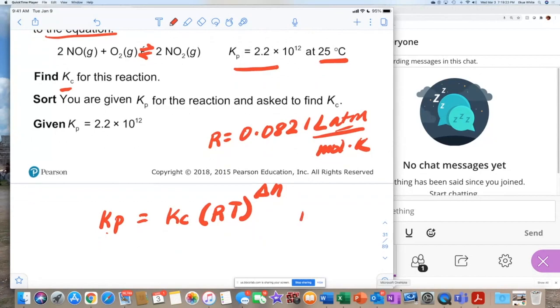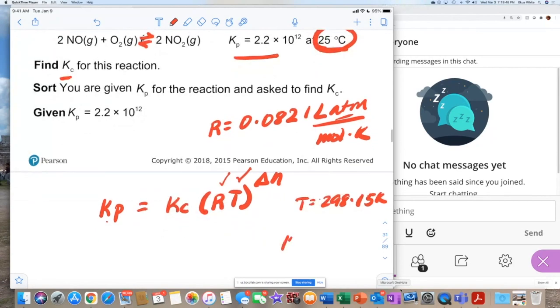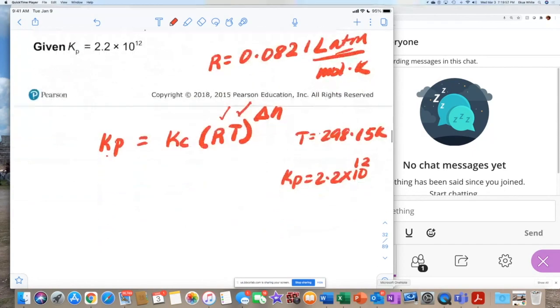Our temperature here is what? 25 degrees Celsius. So 25 plus 273.15. Do I need the 0.15? Sure. 298.15 Kelvin. Okay, so I got my R, I got my T. I'm looking for Kc. Do I have Kp? It said Kp is equal to 2.2 times 10 to the power 12. Solve for Kc.